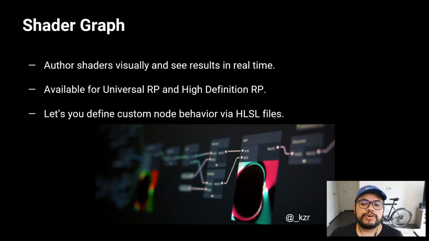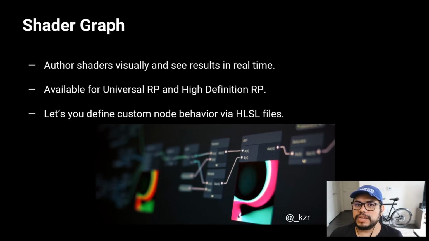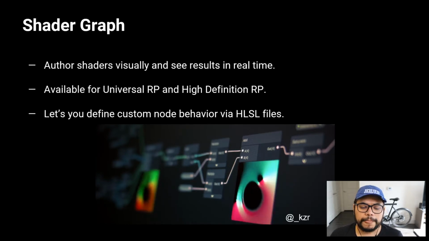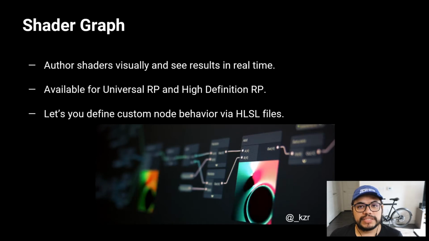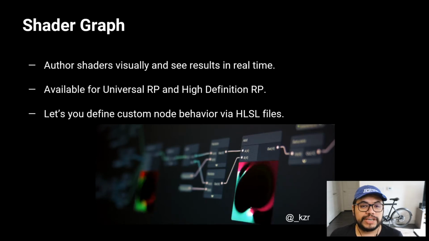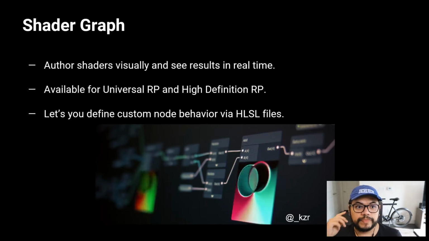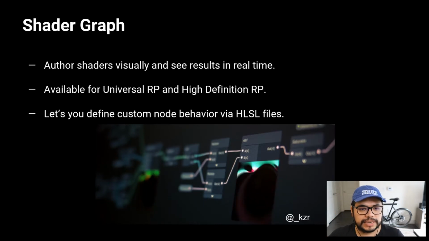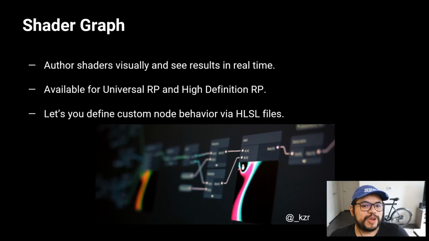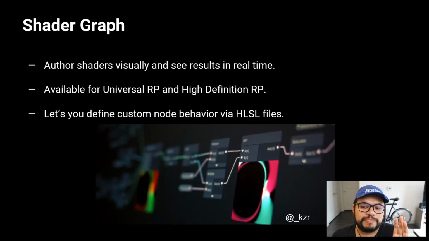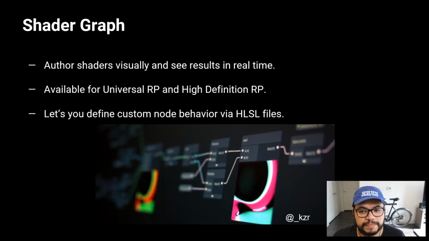In Unity, this is in the universal render pipeline, and you can find it there. If you don't know what the render pipeline is about, don't worry, we'll talk about it.